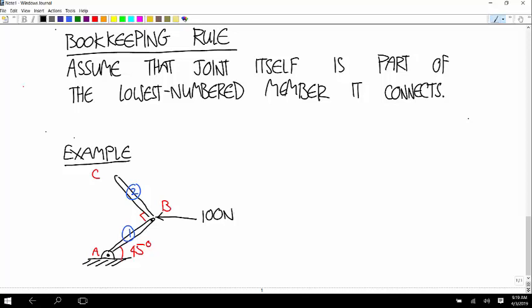Let's say that the length of both of these is 1 meter, and the mass of both of them is 5 kilograms.